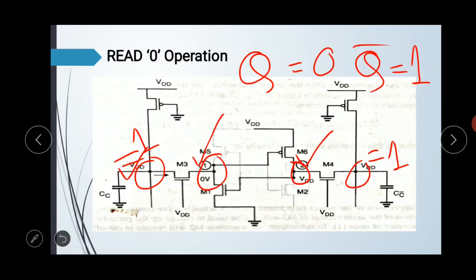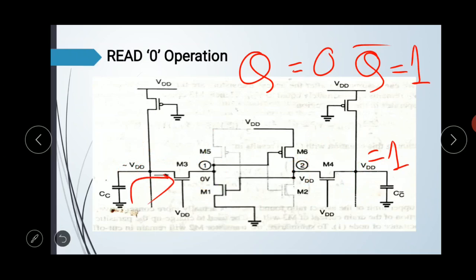So when Q equal to 0 and this point is at logic high level, there will be a voltage difference present. Because of that, this capacitor starts to discharge. When it discharges, the voltage of this point starts to increase, but we have to maintain the voltage of this point always below the threshold voltage of M2, so that M2 never turns on, to maintain the read operation and the stored data is never destroyed.